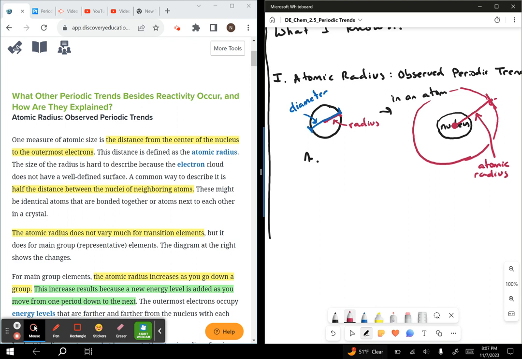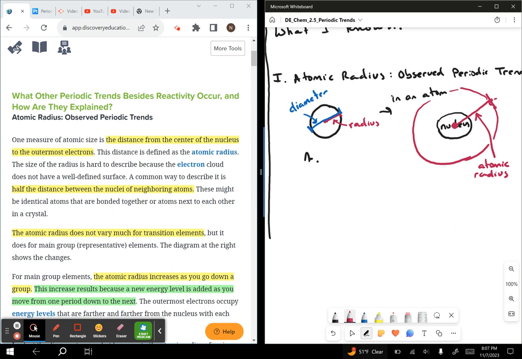The size of the radius is hard to describe because an electron cloud does not have a well-defined surface. They're moving at the speed of light, so we just generally say there's a probability they're going to be here or there. A common way to describe it is half the distance between the nuclei of neighboring atoms.